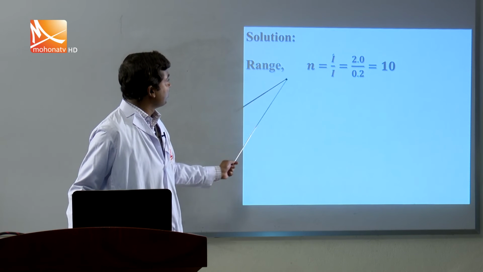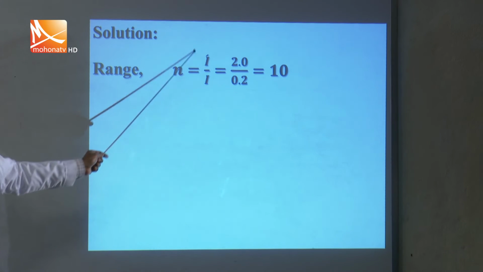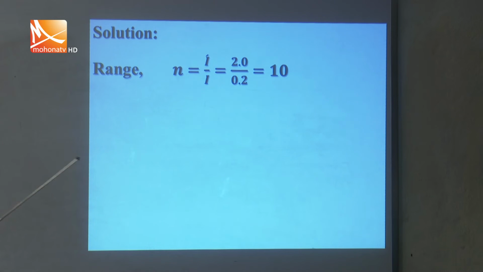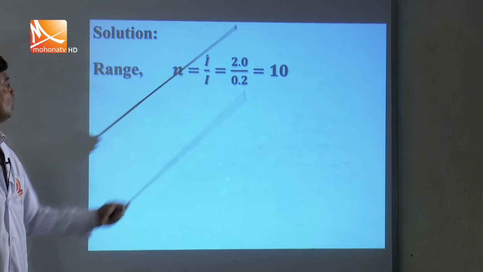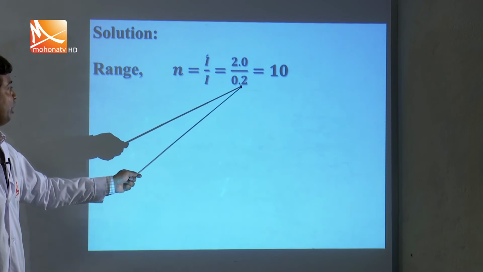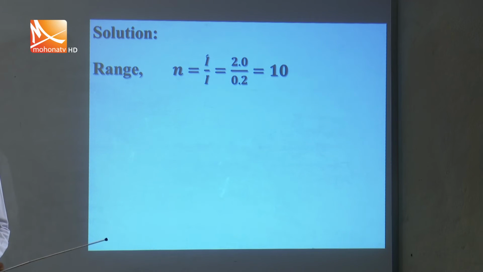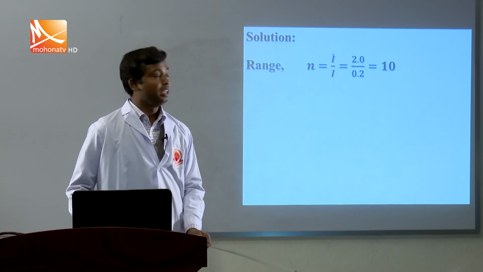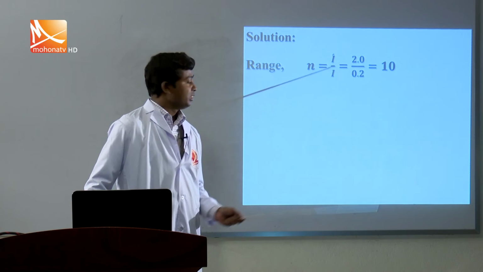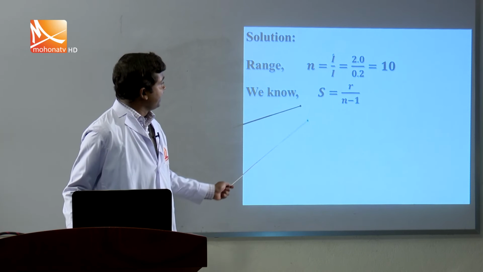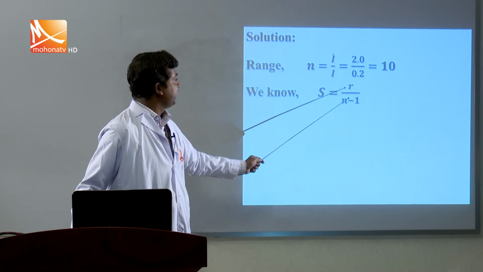First of all you have to calculate the range. This is the desired current, the maximum current, divided by the current that the ammeter can flow, that is 2 divided by 0.2, and that gives 10. So you have to arrange an ammeter that can measure 10 times more current. So now the formula is S equals R by N minus 1.